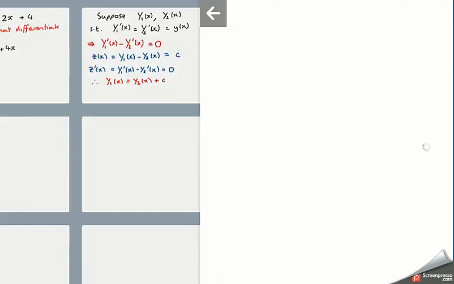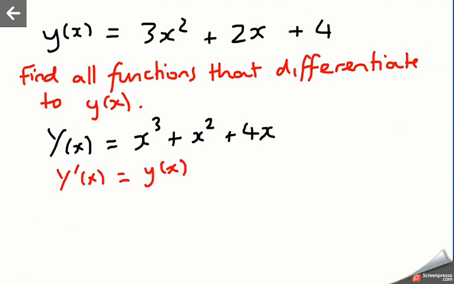So actually, all of the functions that differentiate to give me little y of x must be this function here, big Y of x, plus some constant. And that makes sense because constants disappear when you differentiate.